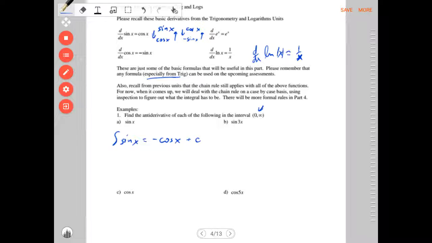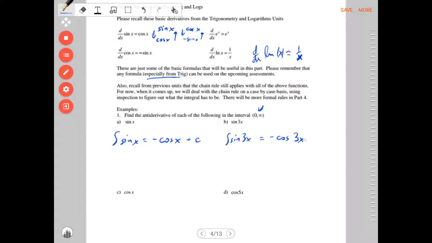Next up, sine 3x. Now, here's the funny thing about 3x. I know the exponent hasn't been raised, but the integral of sine 3x is going to be negative cos 3x. But when I take the derivative of this, we're going to get positive sine 3x, which is great, but then we'd have to chain rule the 3x to get an extra 3.